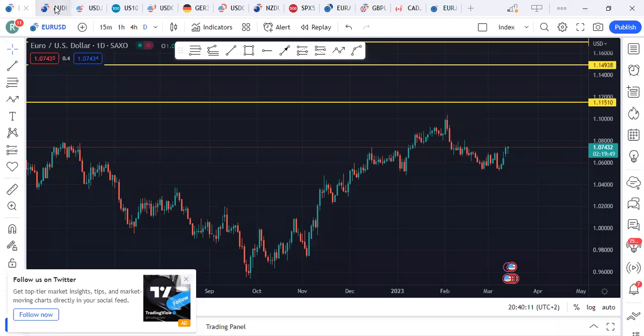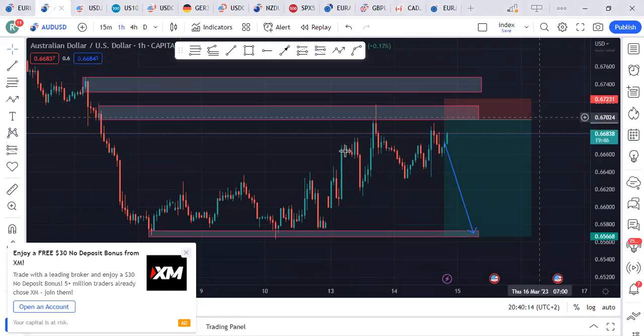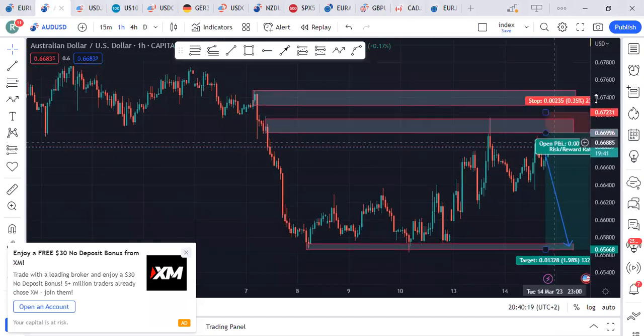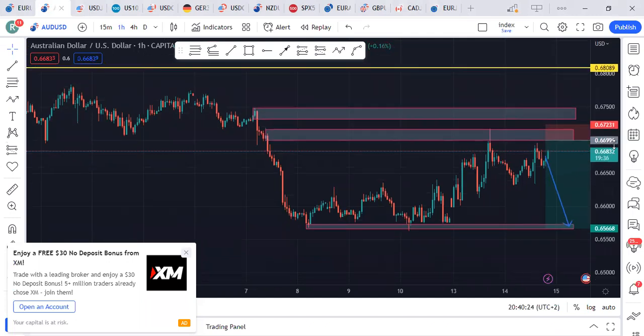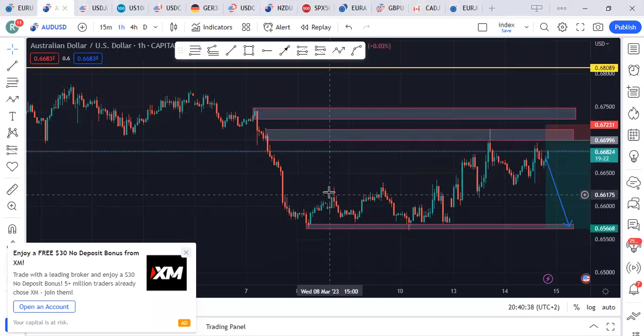Coming to the trade that I have actually looked at on some lower time frames is AUD/USD. You can see that on a smaller time frame, this setup has shown some very positive moves towards the downside, where we have seen some impulsive movements, where the market was pushing drastically towards the 0.65668 mark.